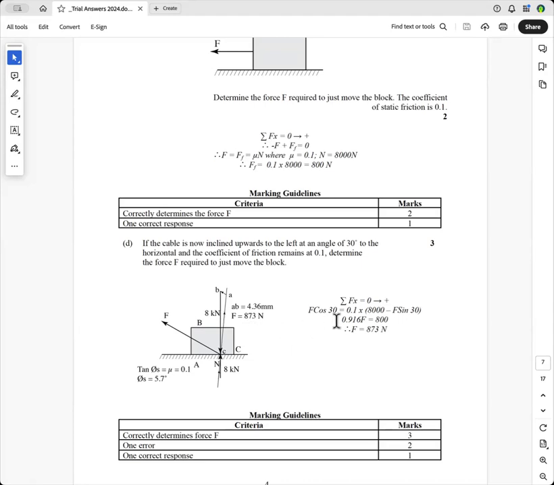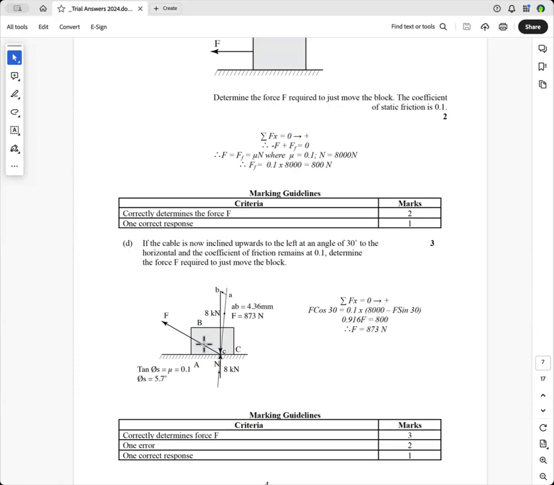Do it analytically. You say the sum of the forces in the x direction is 0, and right is positive. So you've got F cos 30, which is the horizontal component of F there. And that will equal the force of friction, which is mu times N. Now, N isn't 8,000.